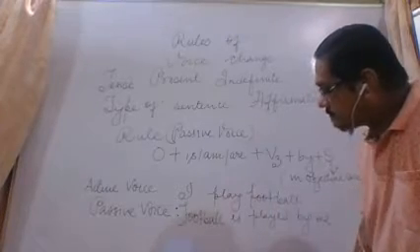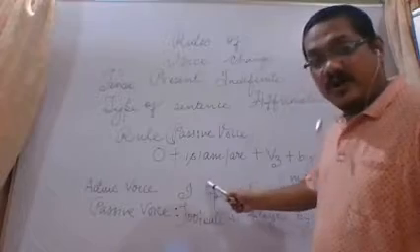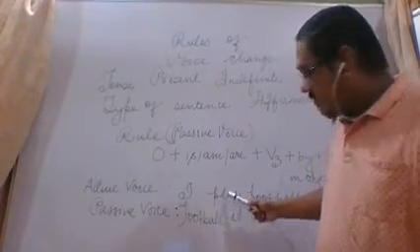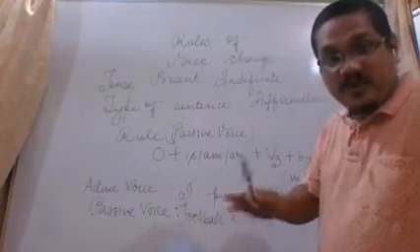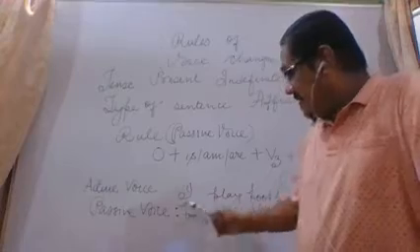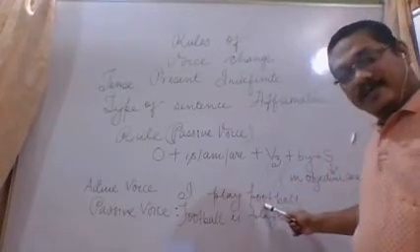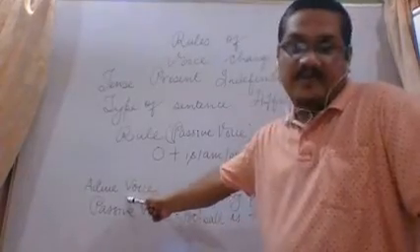Okay, and the action starts from I play what? Football. So the basic structure of a sentence, that is subject plus verb plus object, is seen in this sentence. So it is in active voice.